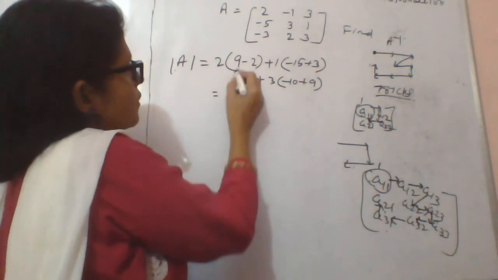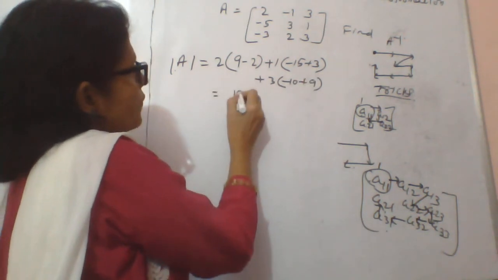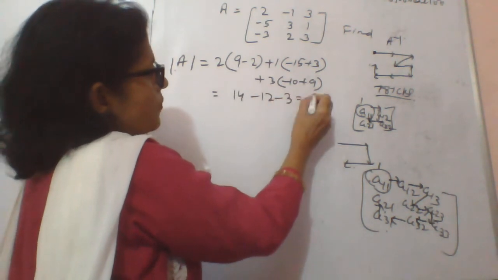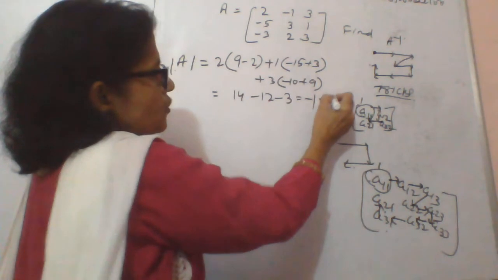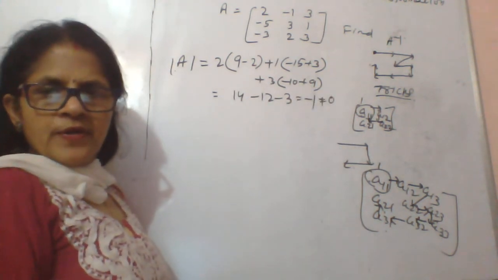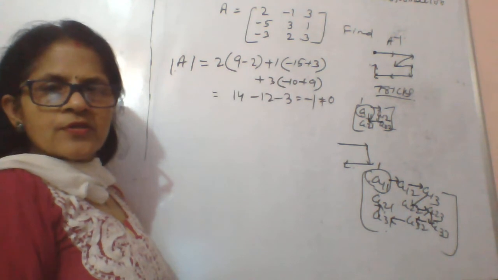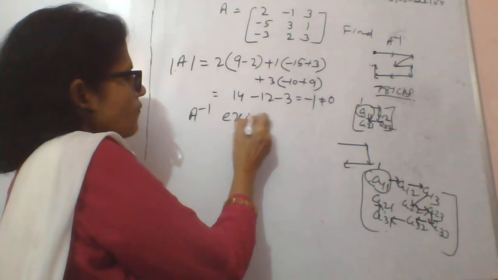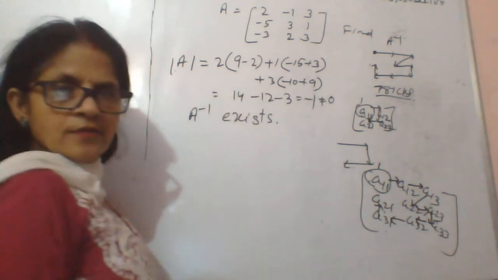You are getting 14 minus 12 minus 3, which is minus 1, not equal to 0. So determinant of A is not equal to 0, which means A is non-singular, so A inverse exists.